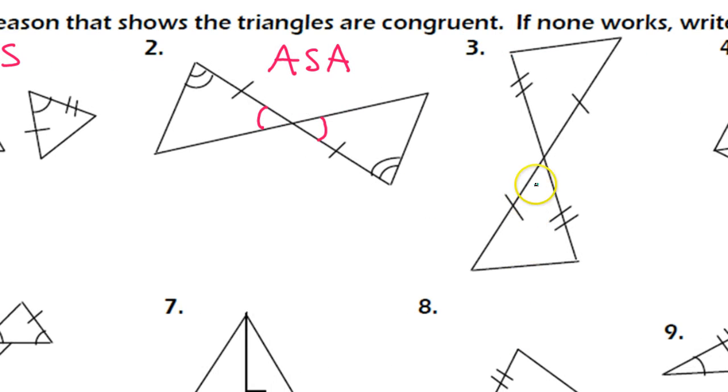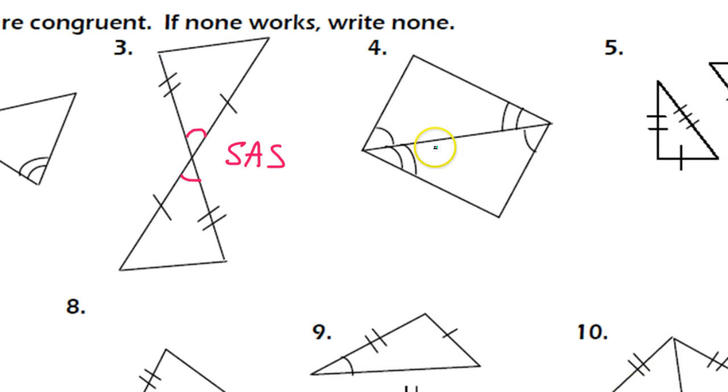Alright, looking at this one. Again, I have vertical angles, so go ahead and mark those even though they weren't already marked. Now you see I have side, angle, side. I have two sides and the included angle. Looking at this one, they share a common side, so you can go ahead and mark the common side as congruent.